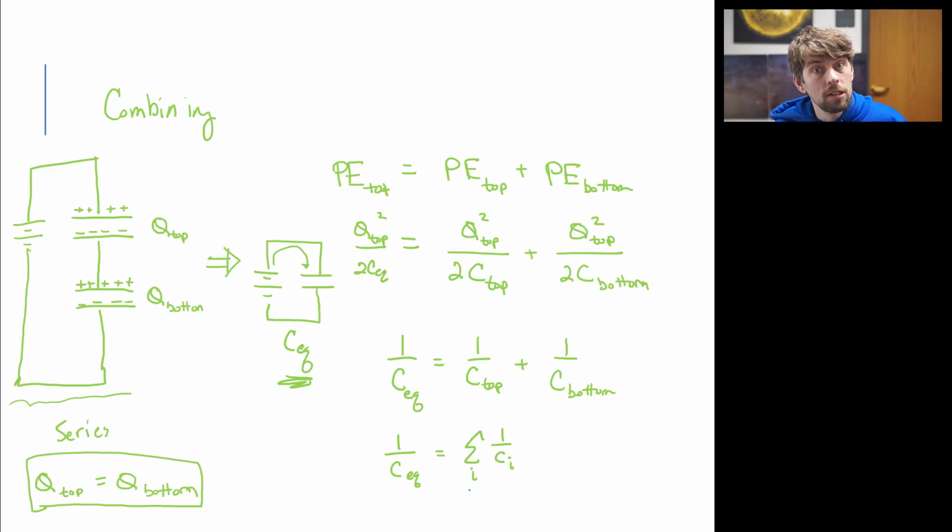So long as they're in series, we can replace multiple capacitors in series with a single capacitor. The circuit will operate exactly the same. We will not change the behavior of the circuit at all, as long as the equivalent capacitance obeys this relationship. Pretty cool, huh?